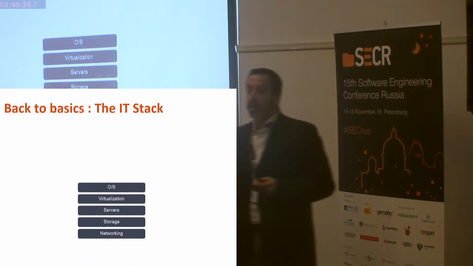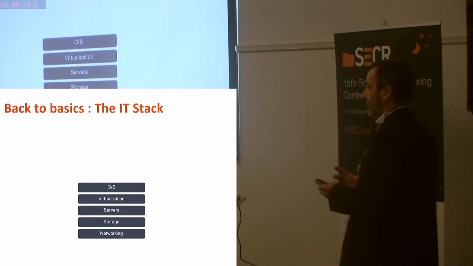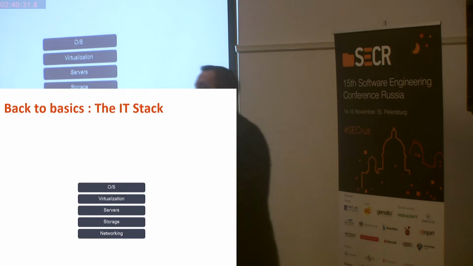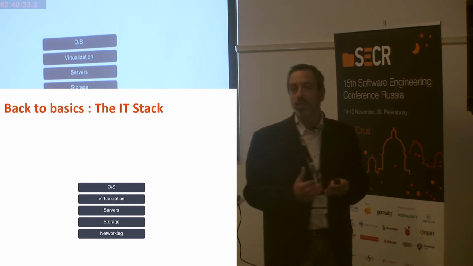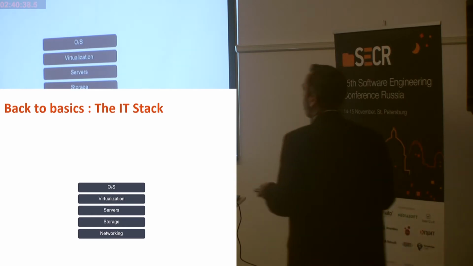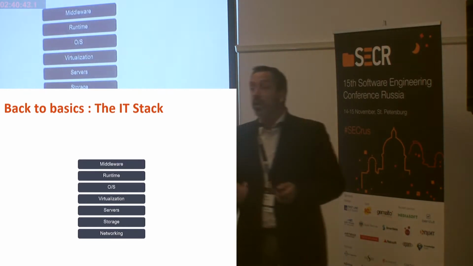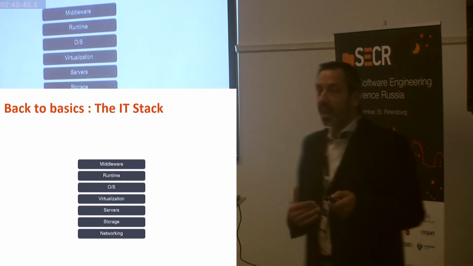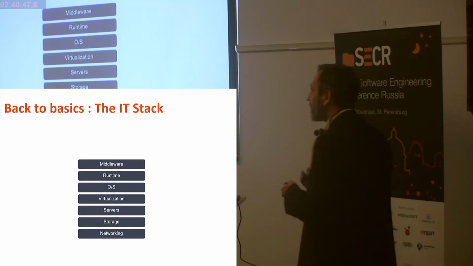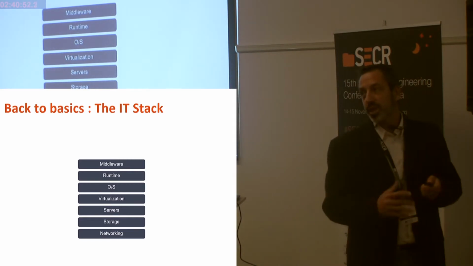On top of that, you will need to have an operating system to make this working correctly. If you need to optimize the usage of your hardware, you will probably need to have some virtualization on top of that operating system. Next, as an application developer, you will need to rely on some SDK, some application server, some languages, some middleware that you will use to build your own application.